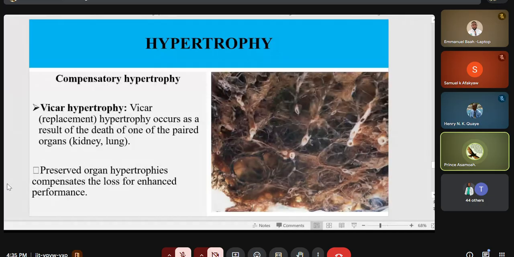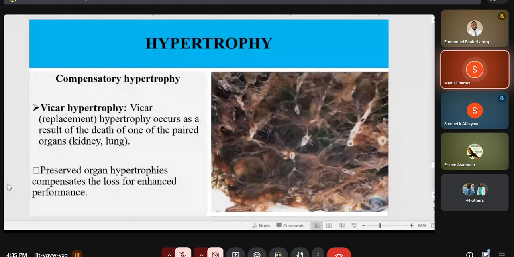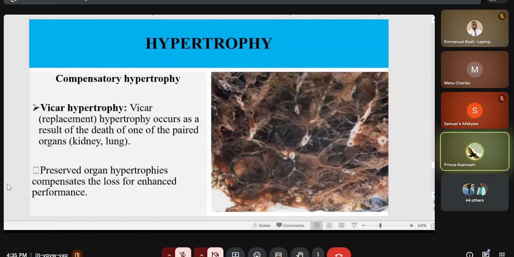Any question for me on hypertrophy? What about the adrenal glands too? Yes, adrenals too are there. There are two. One is destroyed, one takes over, and the brain is going to force the one that is working to do more work.